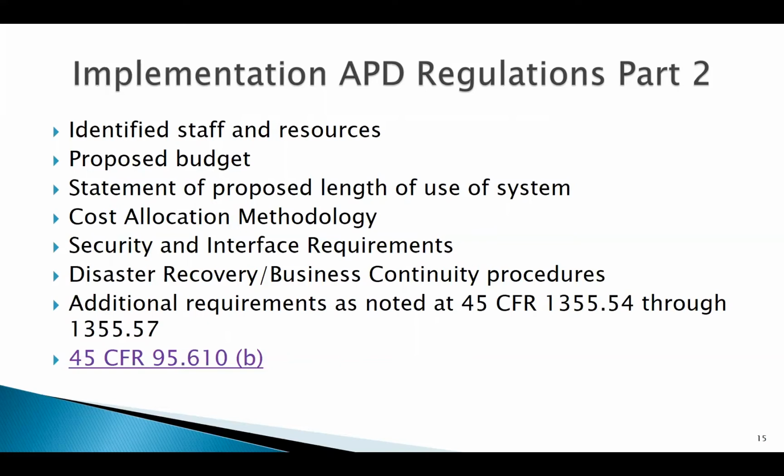You also need your proposed budget, your statement of the length of the use of the system, cost allocation methodology, your security and interface requirements, your disaster recovery and business procedures, and any additional requirements as noted in 45 CFR 1355.54 through 1355.57. Next slide.